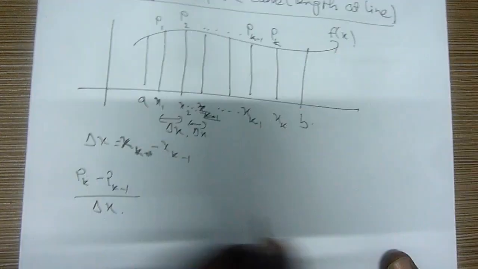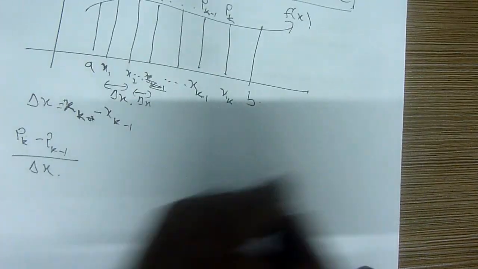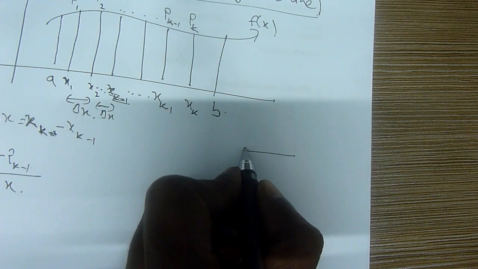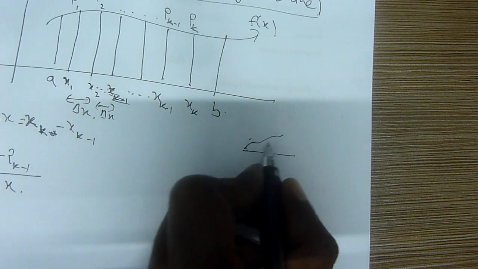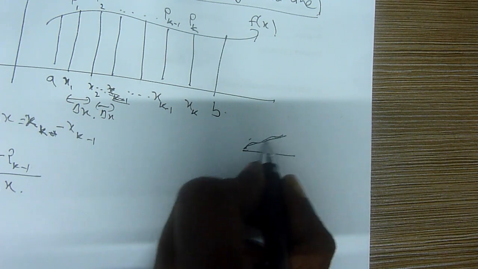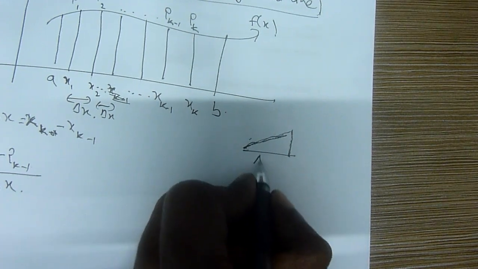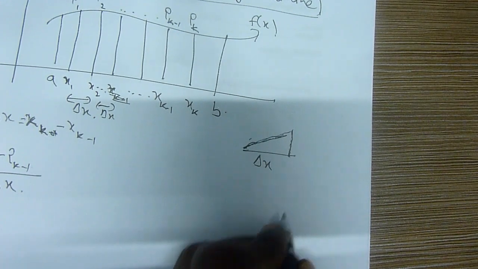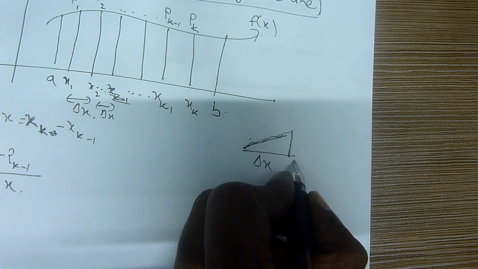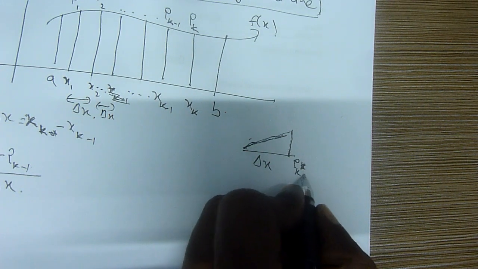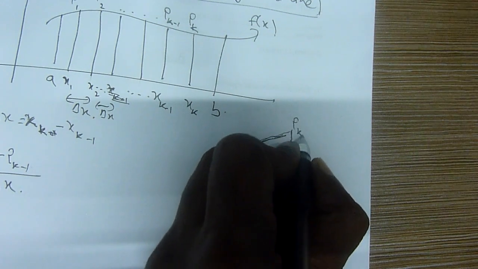What is this? You should imagine this as something like the Pythagorean theorem. Imagine there is a line moving, slightly small. We imagine this is a small segment change here, and this is a fixed line, between P(k-1) and Pk.